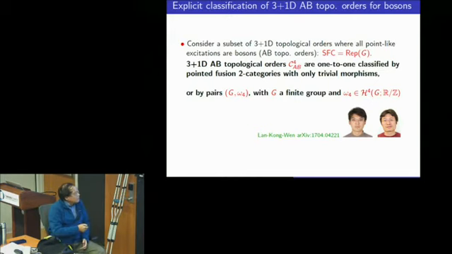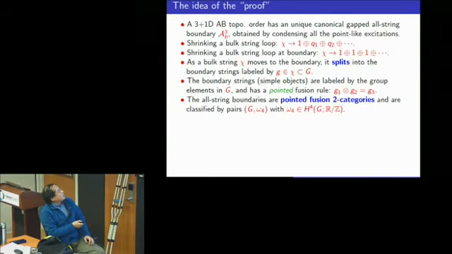Okay, so how was this obtained? Actually, the argument is pretty simple, and the key point is that every 3-dimensional topological order has a unique canonical gapped boundary, which only has string excitations. What that means is, because all the particles in this topological order are assumed to be bosons, we can condense all of them.